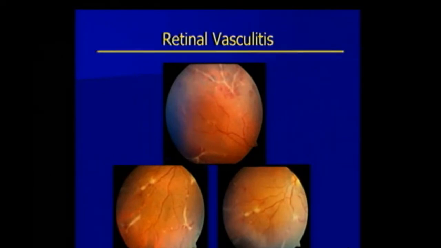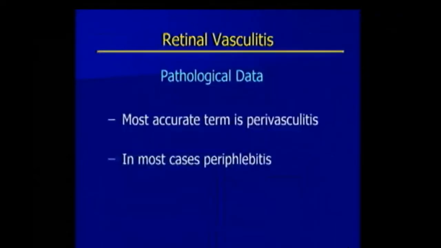You can see here the active vascular sheathing, and they are frequently associated with hemorrhages because of the disruption of the blood retinal barrier that will allow blood to come into the retina. So is this picture clear for you? This is the classic picture that you should see in a patient with active retinal vasculitis.